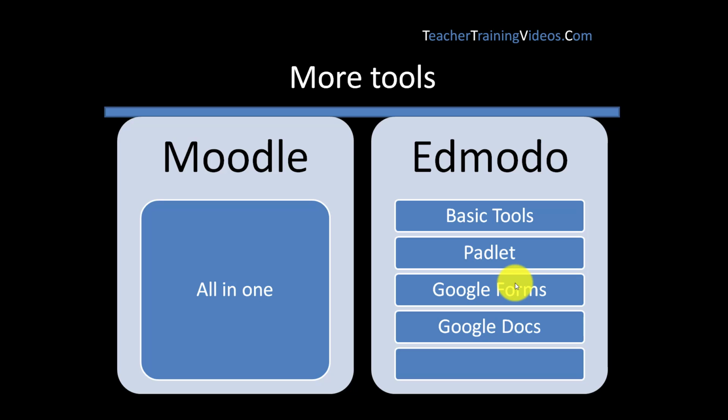You might link to some videos from YouTube or link to some PDF files or some web pages, but for all your discussions and quizzes and chat rooms and forums and wikis, etc., all of those tools exist within Moodle. So it's a kind of all-in-one. The whole idea is that Moodle can do everything for you.